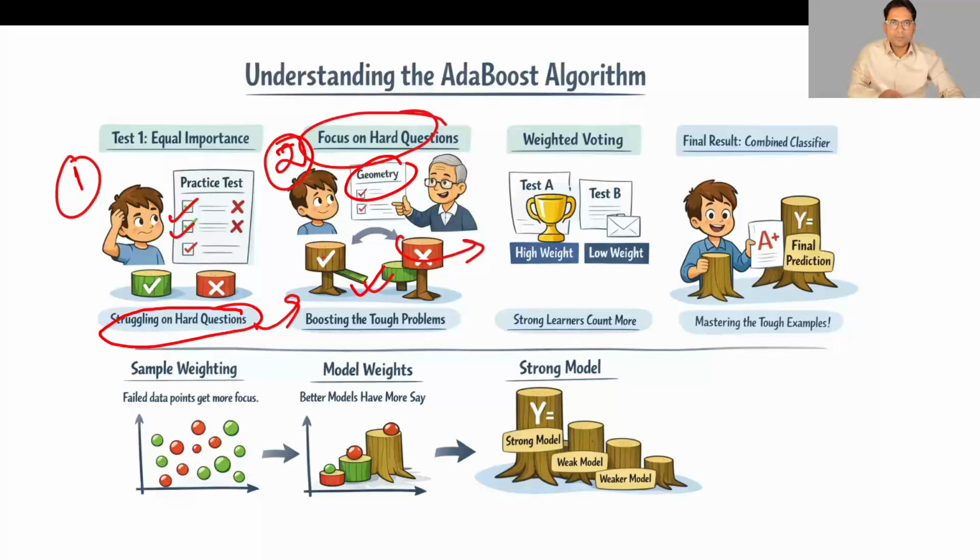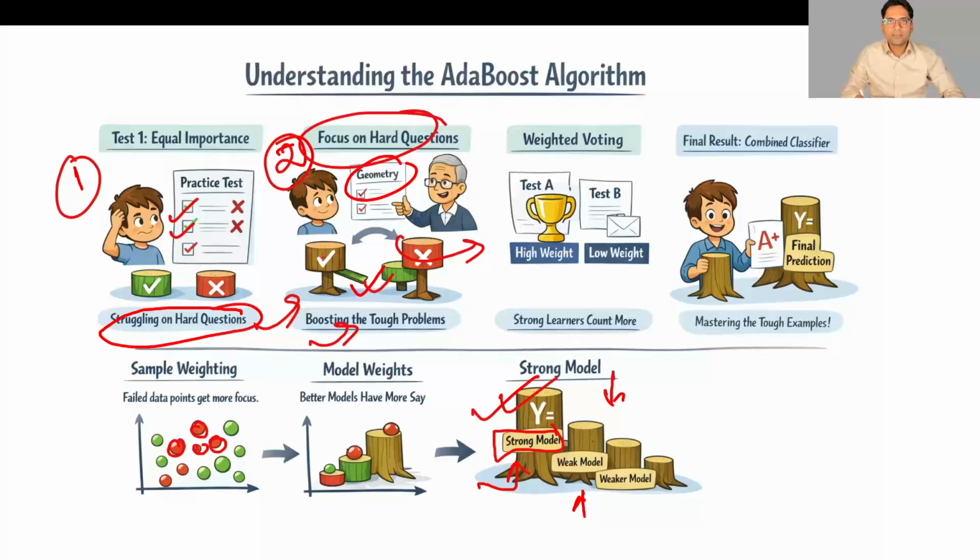Whatever mistakes are there, the weights on those are increased. Finally, the tests on which he performed well are the strong models, and those will get a higher weightage, meaning he is doing well. Wherever he is not performing well, those tests will be given low weightage.